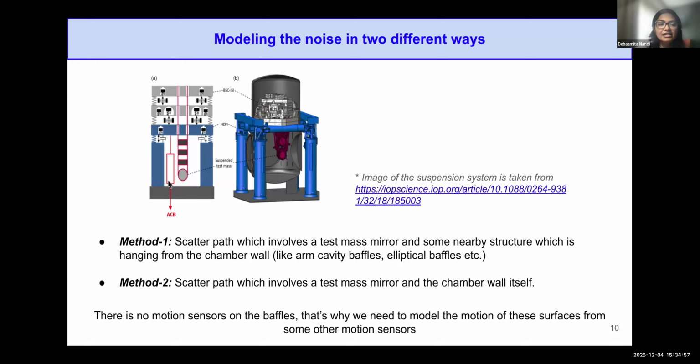But there is a trick here: these baffles do not have any motion sensor attached to them, so we cannot directly read how much they are moving. We need to use some other sensors, and then we model the motion of these baffles. The second method that we used was to explain the scattering if the scattered beam is directly hitting the chamber wall from the test mass mirror. So these are the two different ways of modeling that we did.